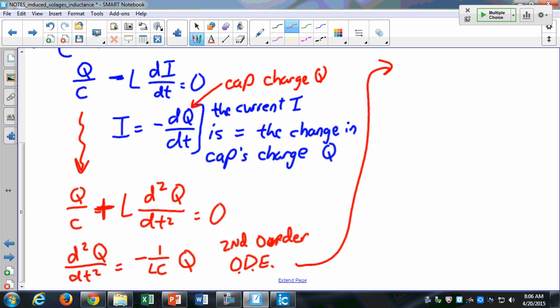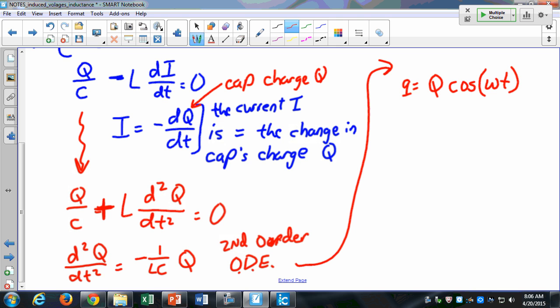And there are methods that you go through and actually determine what the solution is, but that's the basic idea, that I'm looking for a function Q that will make this equation true. And it turns out that for this, my solution is going to be equal to Q cosine of omega t. Now, we haven't done oscillations before, so let me explain what omega is.